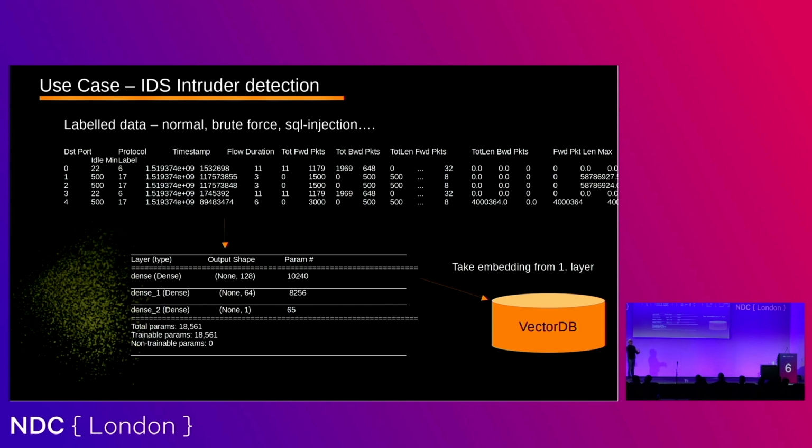And you will see if the area where your new traffic lies in the vector database is near just normal activity from users, you are very sure that this network traffic is not an attack. If you find some similar data around it which has already been identified as an attack, you can say, okay, this is classified as an attack as well.